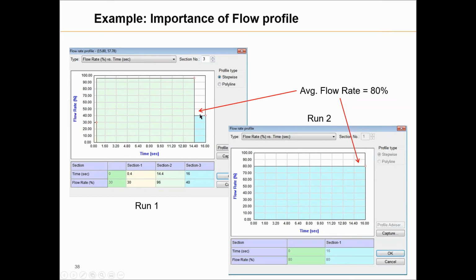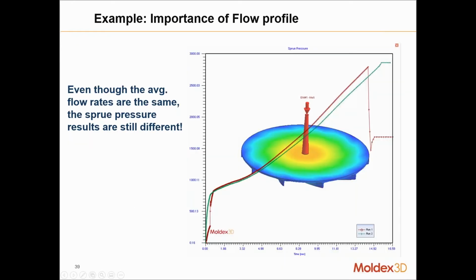Towards the end of fill, again, it drops down. While in the second case, it's all a uniform flow rate. This does directly translate to how it affects your screw pressure profile. And of course, screw pressure, your overall injection pressure, packing pressure, they get impacted, or they impact what your packing effect is going to be like and what your overall warp is going to be like.